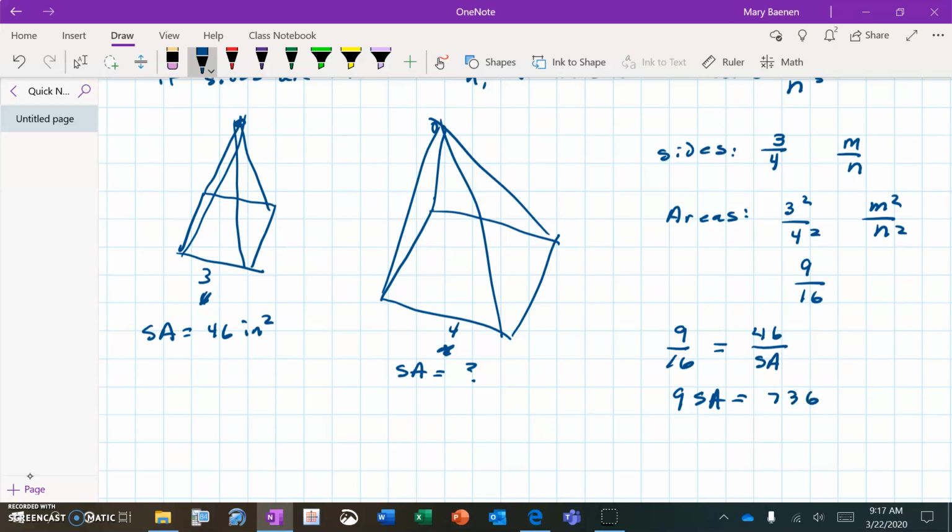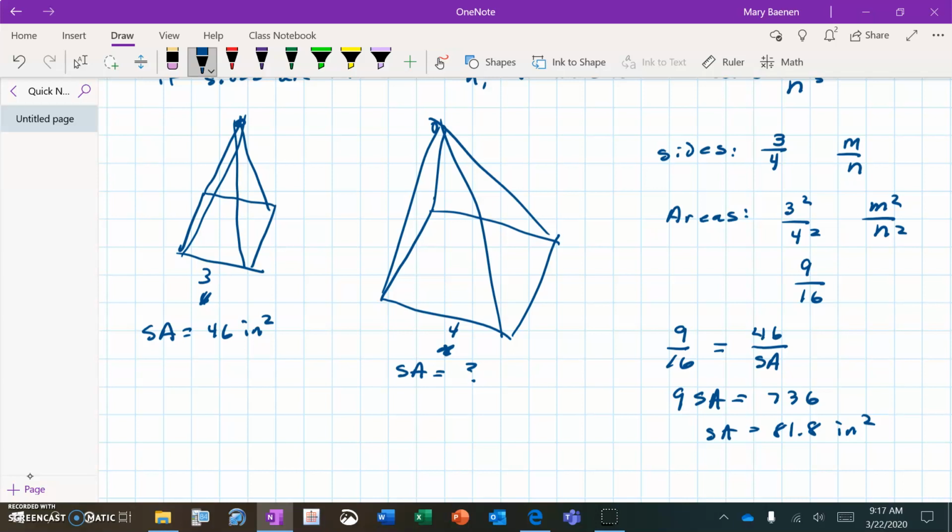So when I take 736 and divide it by 9, the surface area is 81.7 repeating, so 81.8, let's say. And this was in square inches. So that would be the surface area of the larger of the two figures.